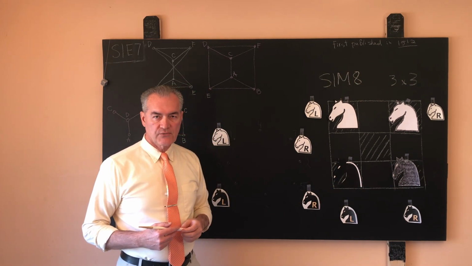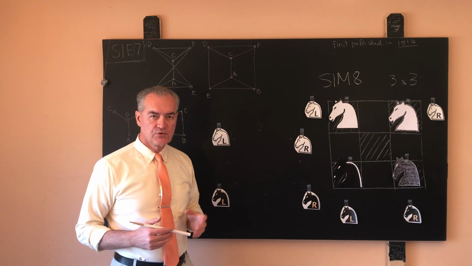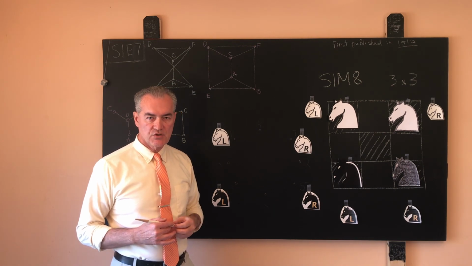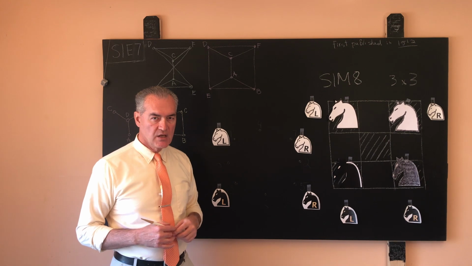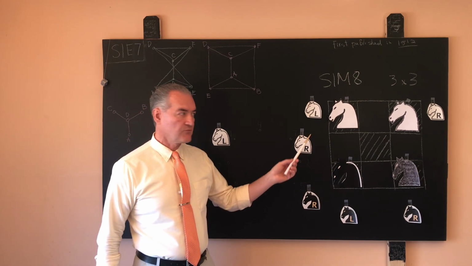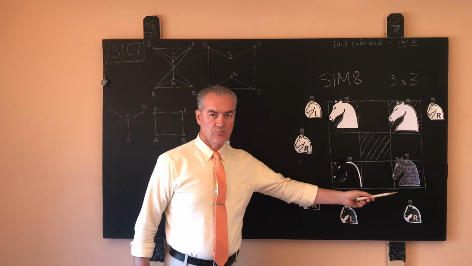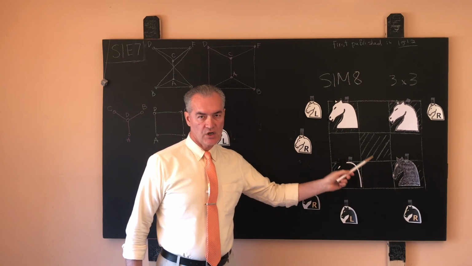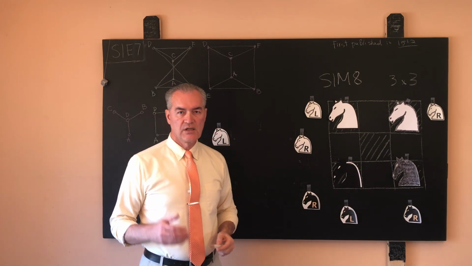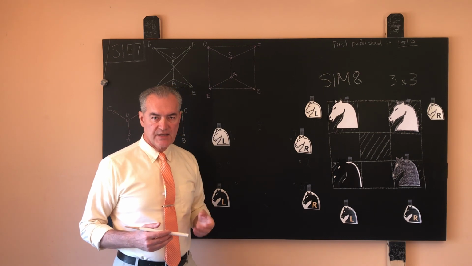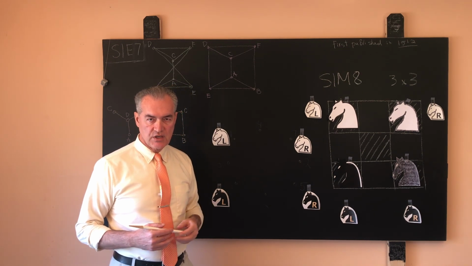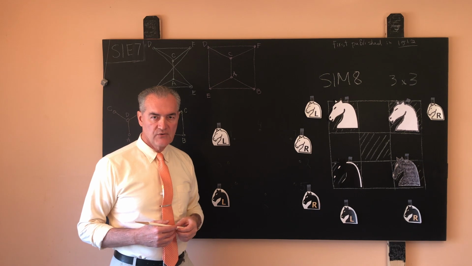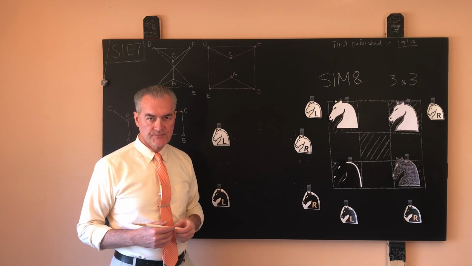A certain number of things in this problem do not really make much of a difference. For example, for demonstration purposes, for this 3x3 chessboard, I used 5 dark squares and 4 light ones. But the essence of this problem will not change if we use 5 light squares and 4 dark ones.